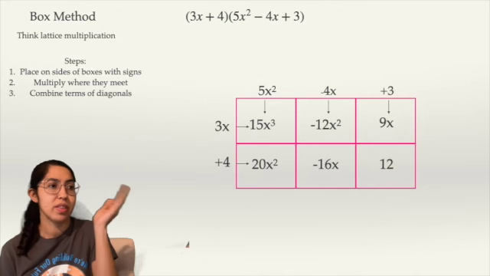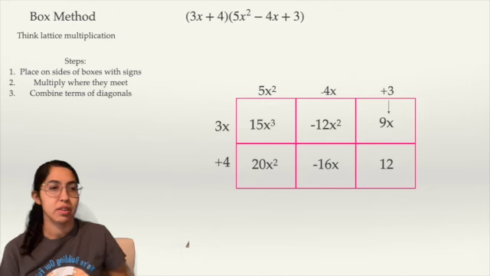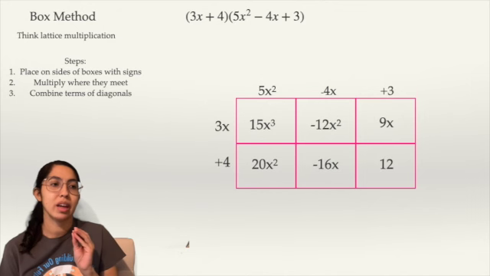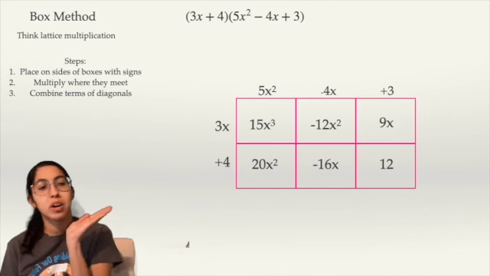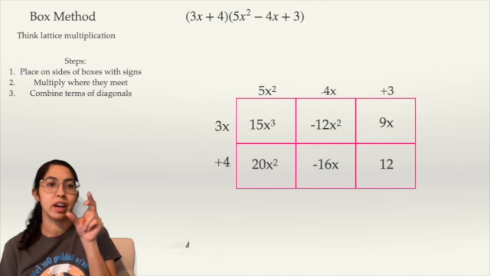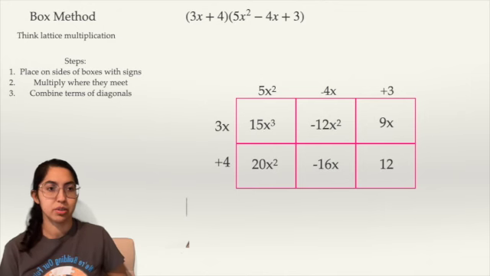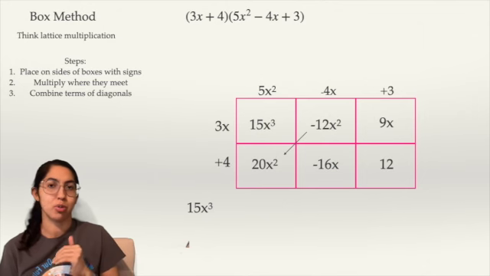Okay, and then with this one, what I do like is, I'm going to get rid of all these arrows first. What I do like is your work is still pretty organized. Now we're just going to take the diagonals and add those up. So 15x cubed has nothing on its diagonal, so we'll just bring 15x cubed down. Negative 12x squared matches up with 20x squared, so those are like terms.